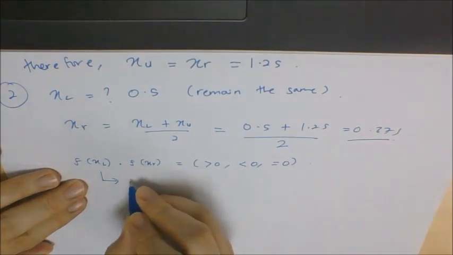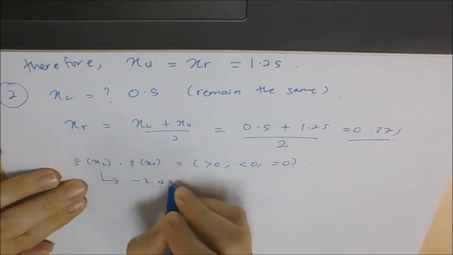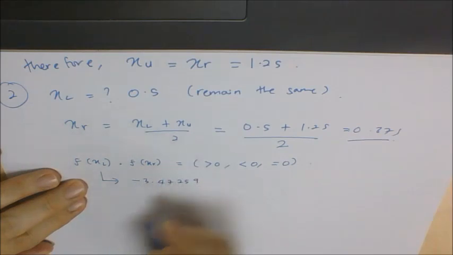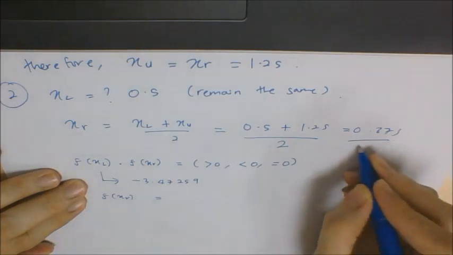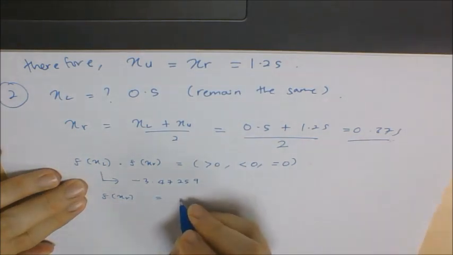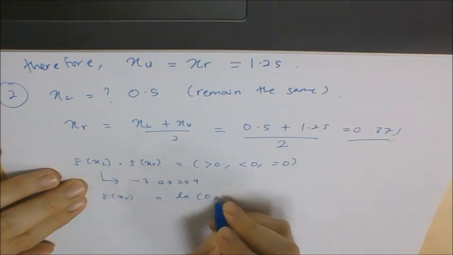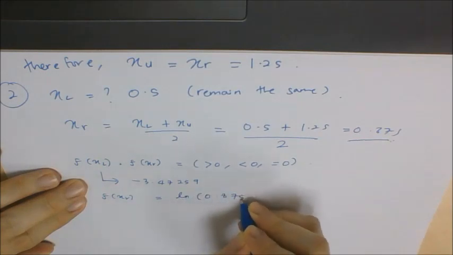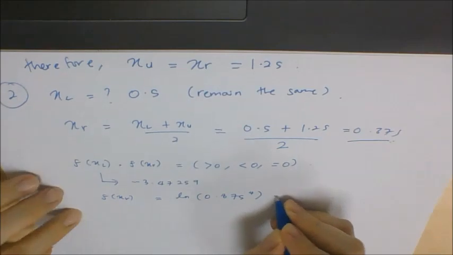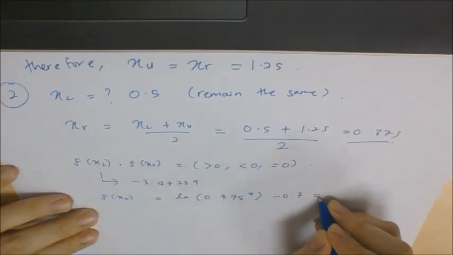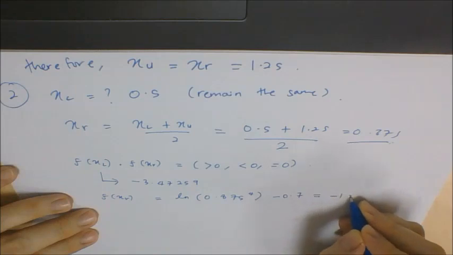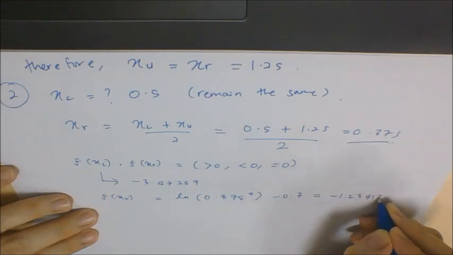So you get your FXL equal to negative 3.47259, and your FXR you now get by using this value: ln of 0.875 to the power of 4, minus 0.7. This one you will get negative 1.23413.